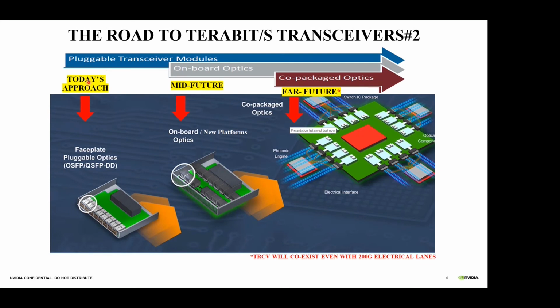However, after saying all of that, with the transformation from pluggables into onboard into co-packaged optics, even with 200G electrical lanes, 200G rates per lane, we will still have transceivers coexist. So this one here on the left bottom will not disappear.